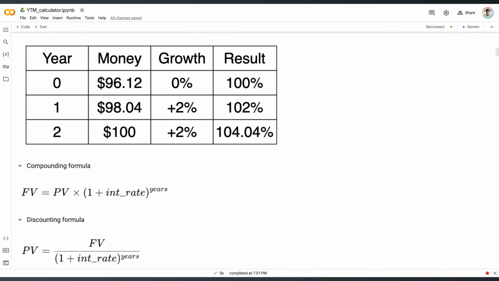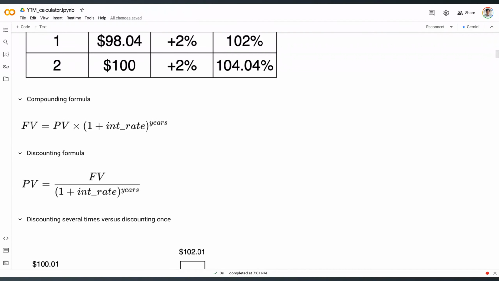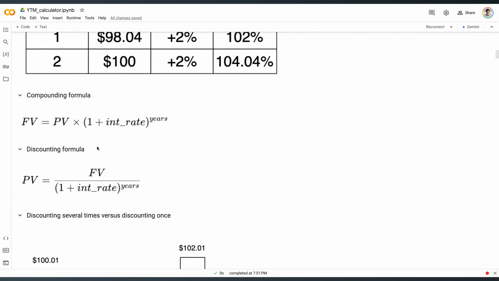Then, if you invest $98.04 into the security that gives you the 2% annual return, by the end of the second year, you're going to get $100. And that gives you an understanding that compounding and discounting are processes that reflect the same dynamics. Compounding is like going forward in time, and discounting is going backward in time.